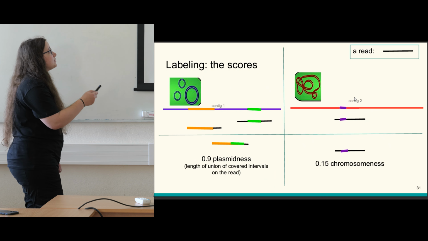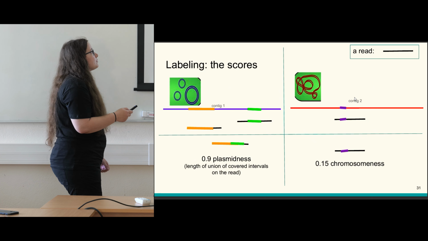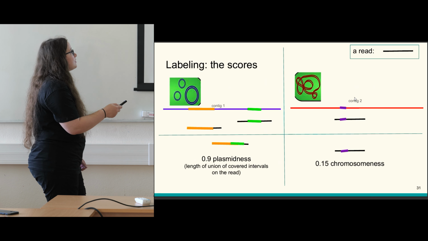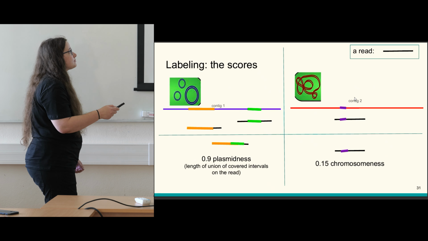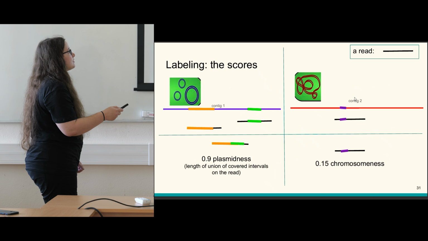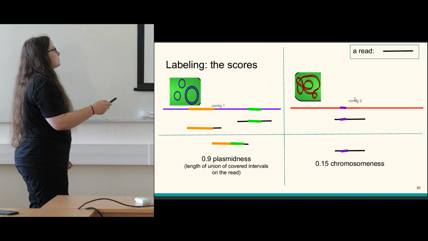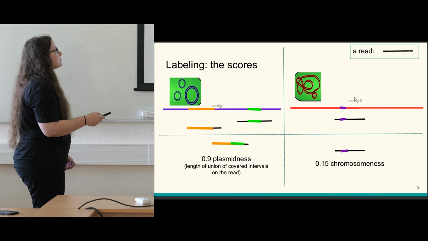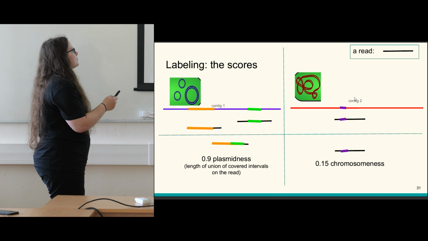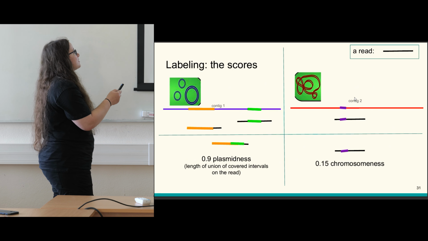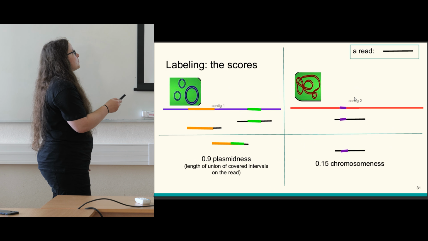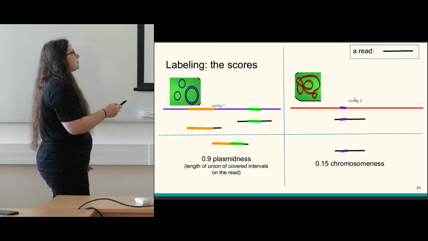So how do we obtain the scores? We have this contig, and we have a read, and this read aligns to 3 places. The first place is on the plasmid contig, and this orange part is similar to the orange part in the read, and this green part is similar to the green part of the same read.